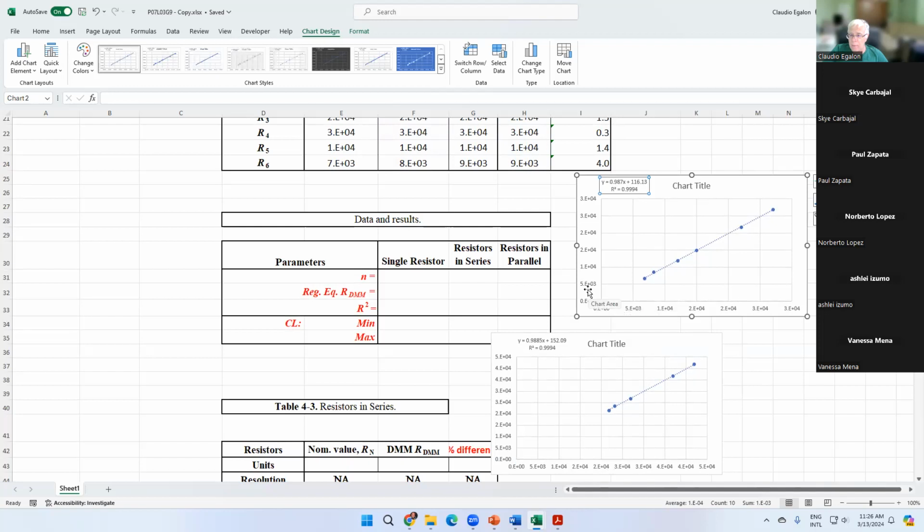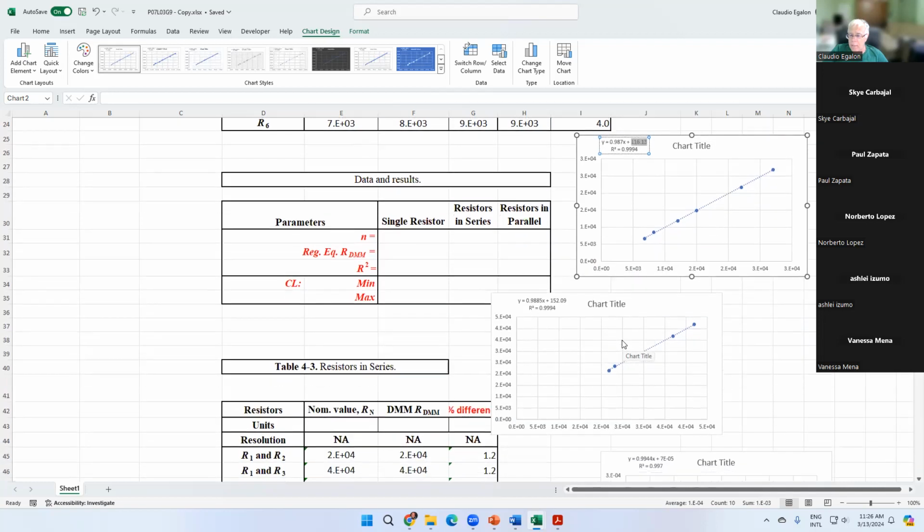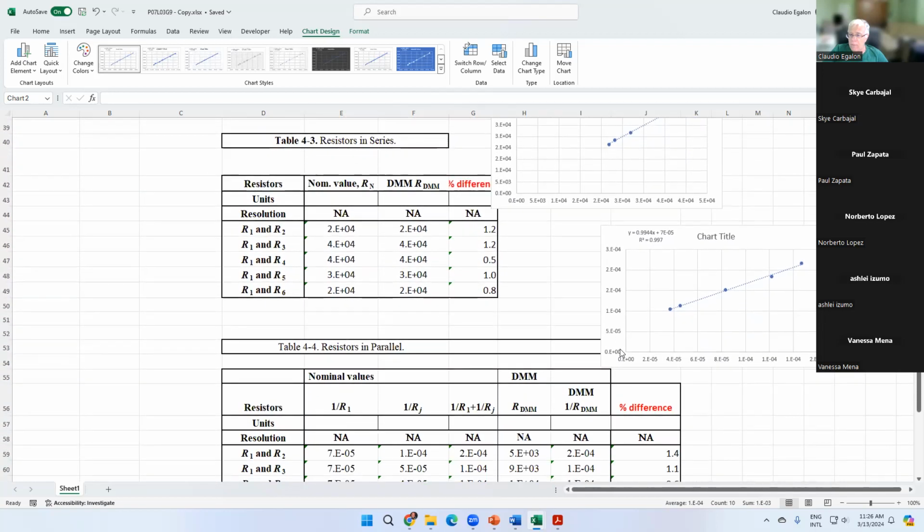The values are anywhere between 5,000 and 30,000. So this value here is very small compared to the values in question.